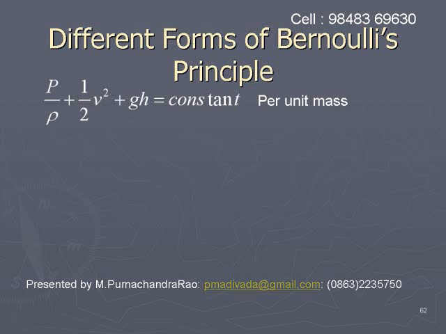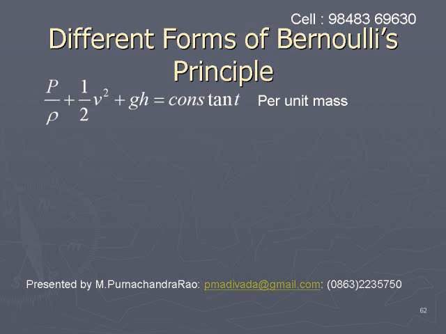P by rho is pressure energy per unit mass, half V square is kinetic energy per unit mass, and gh is potential energy per unit mass.